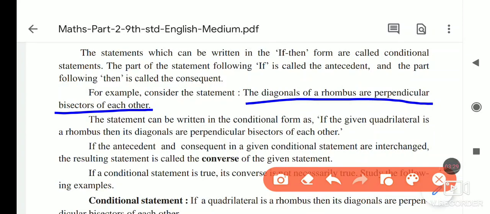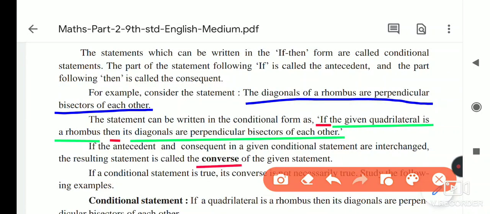In the conditional statement, the part which follows if is, the given quadrilateral is a rhombus, and after then, its diagonals are perpendicular bisectors of each other. This is called a conditional statement, because here if and then are used.